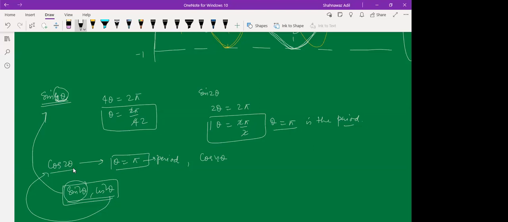Is it clear, guys? Yes, sir. And again, in the NCERT, I found this very beautiful question. So let me share that.